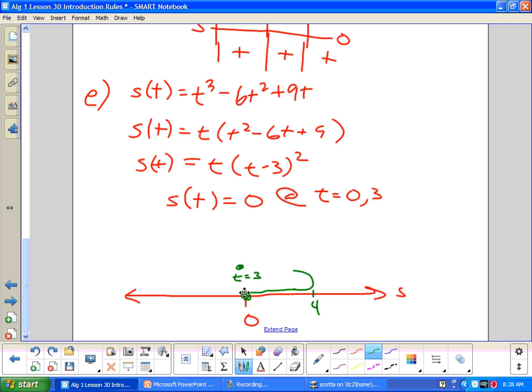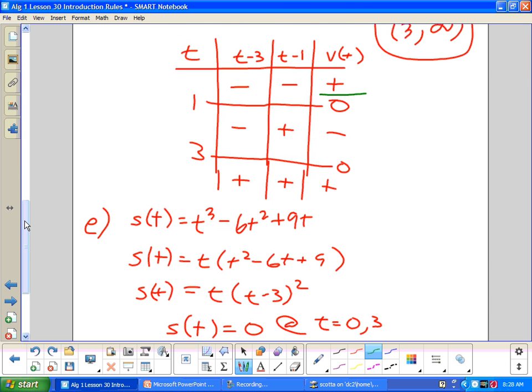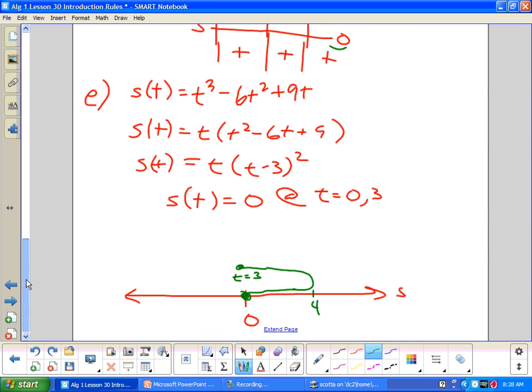And then I turn around and I come back to here. Do we agree? I'm at 3 again. And at 3 my velocity was 0 again. Did everybody remember that up in the previous one? At 3 my velocity was 0. So what happens then? I turn around and I start going the opposite direction. There is my position function E.